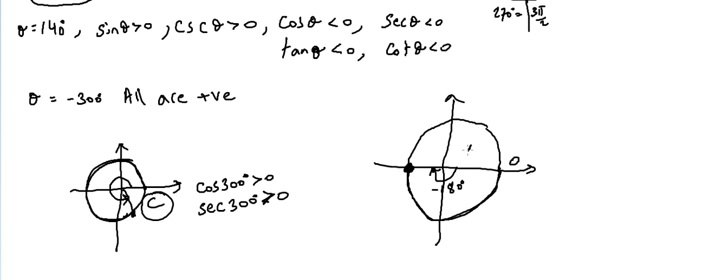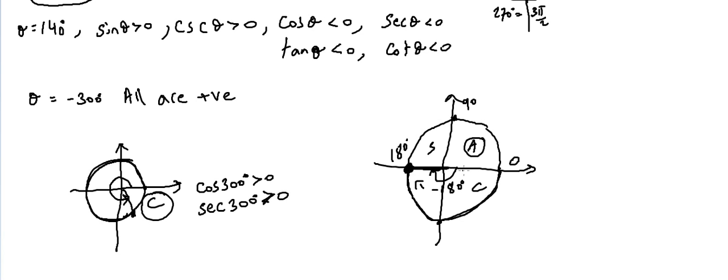When I said all students take calculus, this means between 0 and 90 all of them are positive. Between 90 and 180, only sine is positive, and for sure cosecant. So what happens here, where the angle is negative 180?